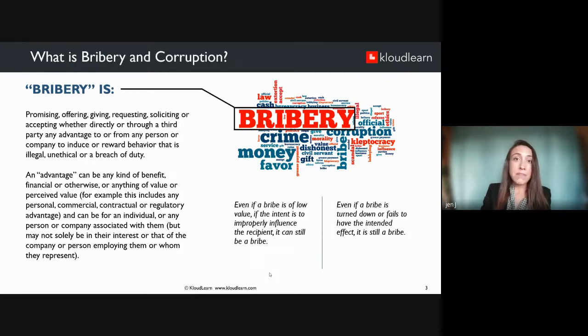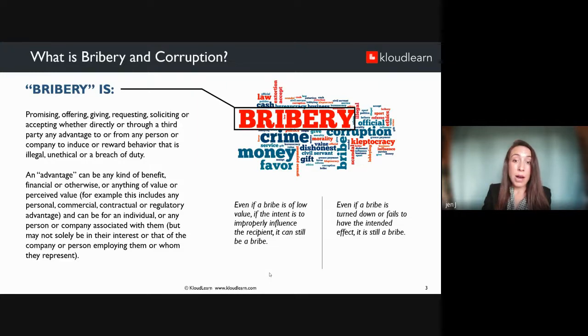An advantage can be any kind of benefit, financial or otherwise, or anything of value or perceived value. For example, this includes any personal, commercial, contractual, or regulatory advantage, and can be for an individual or any person or company associated with them, but may not solely be in their interest or that of the company or person employing them or whom they represent.